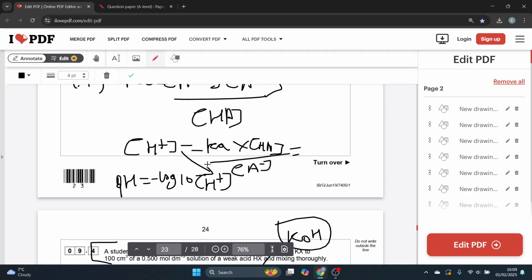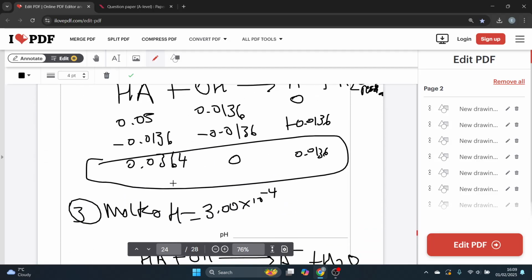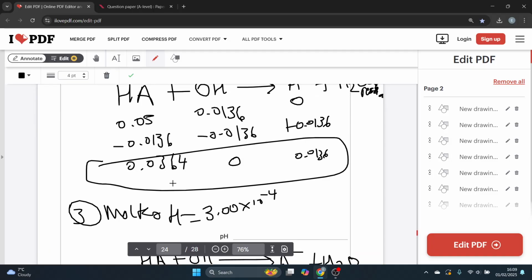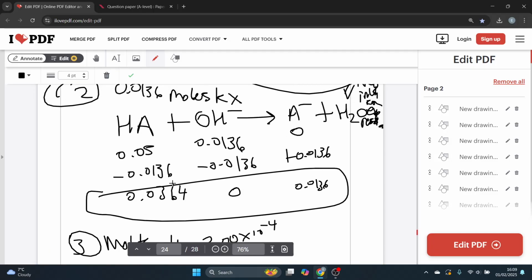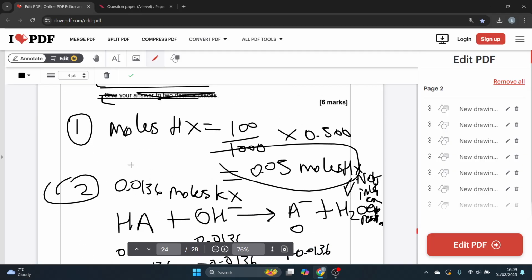Let me check the mark scheme. So I got this correct. What I did wrong was I overcomplicated it. I shouldn't have done this.